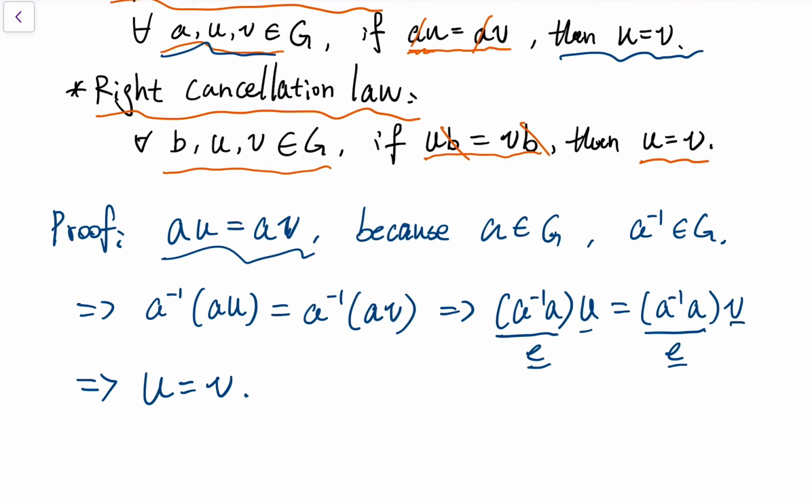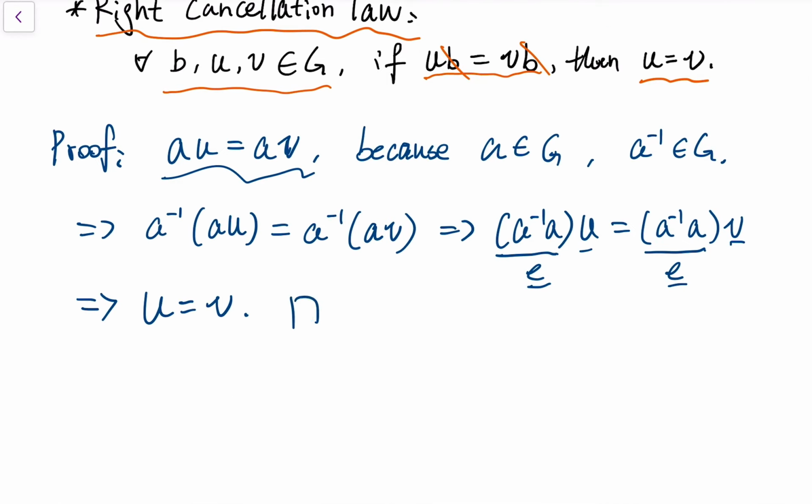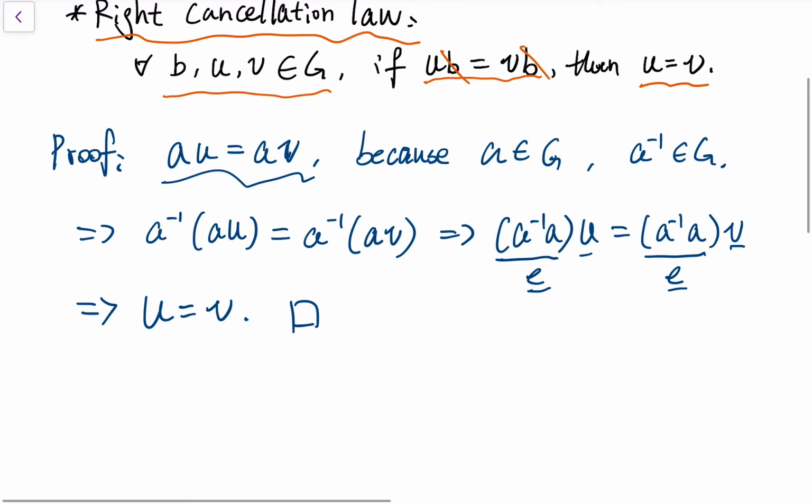We just need to find the B inverse and multiply B inverse on both sides, and it will cancel out the B. Okay, so this is the cancellation law in group theory.